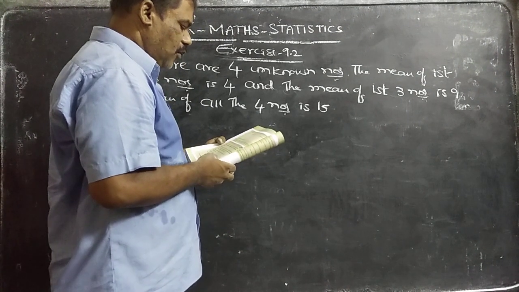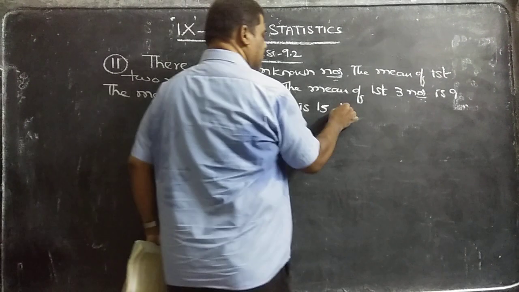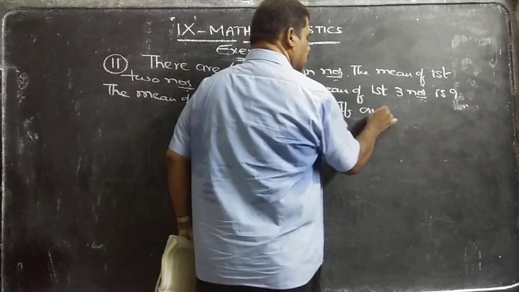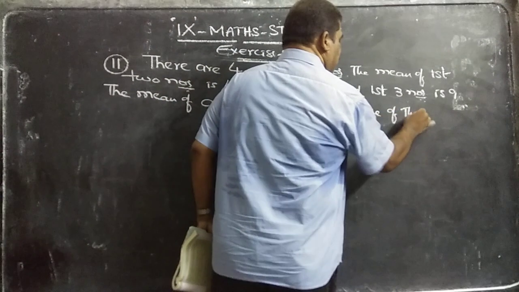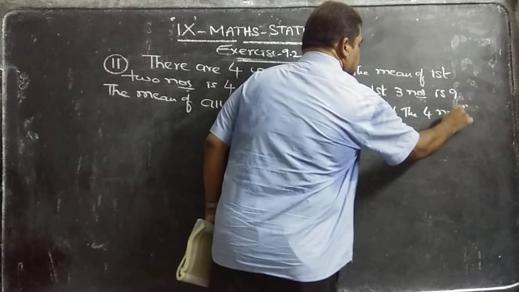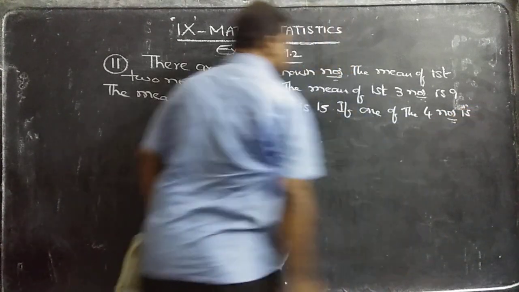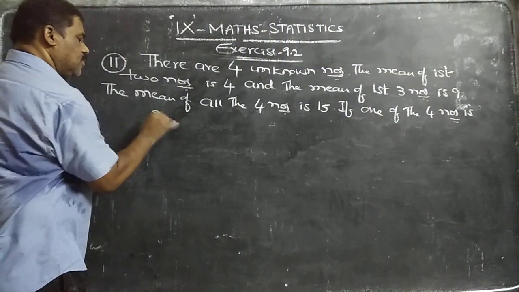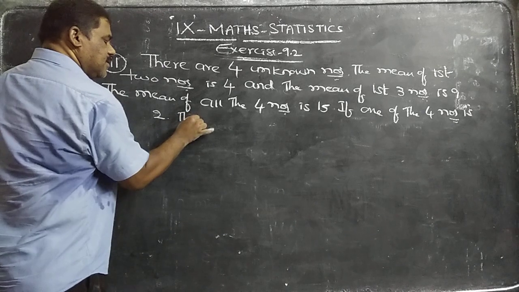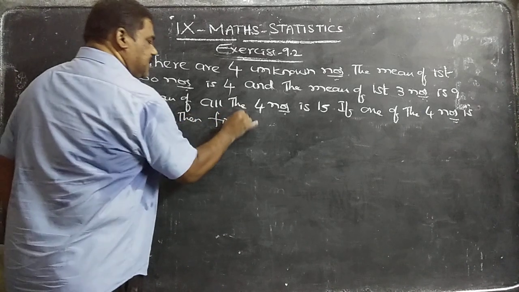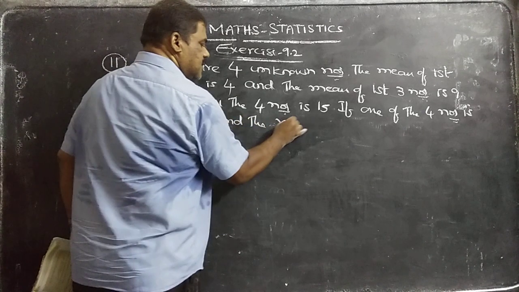If one of the four numbers is 2, then find the remaining numbers.